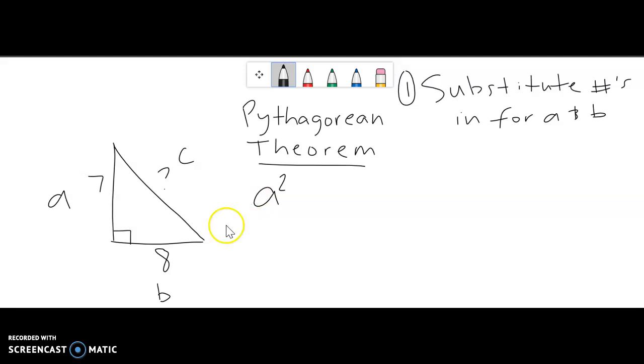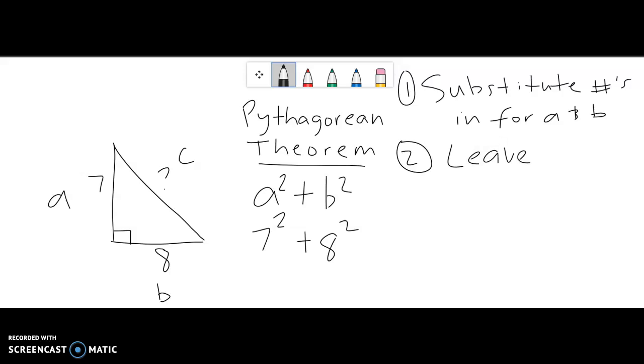A squared is the beginning of it, and whatever number it is, if it's a 7, go ahead and substitute a 7 in there where A goes. Then the next step, also put one in for B. So it's B squared. So whatever B is, an 8. So we're going to put an 8 in there for B. You're going to substitute that in as well. And leave it as C squared. So remember, this other side is a C squared to begin with, and you're going to leave it as C squared.